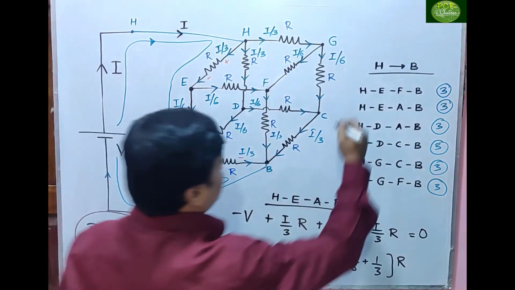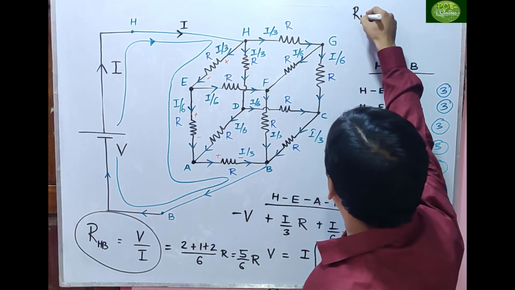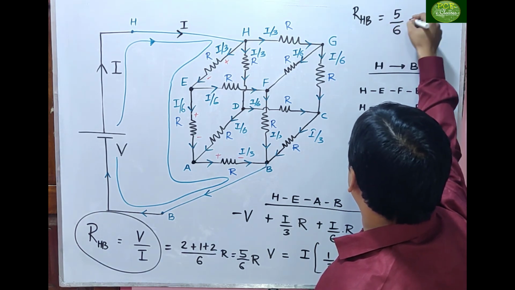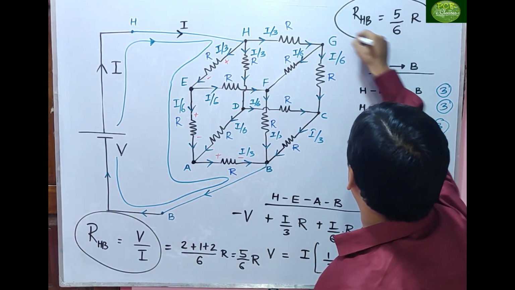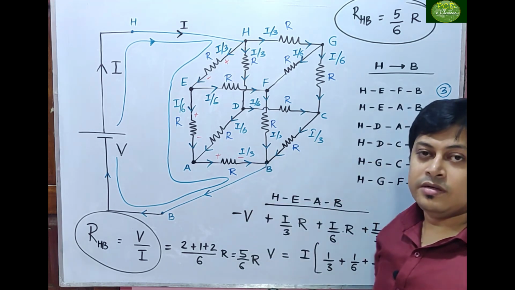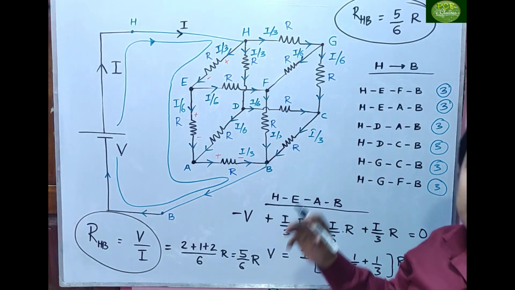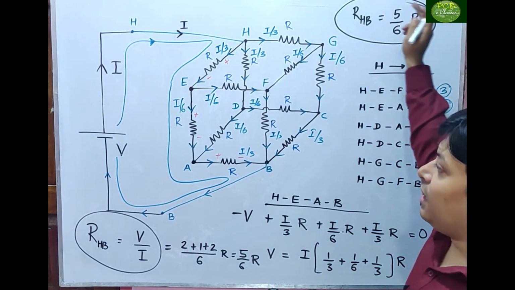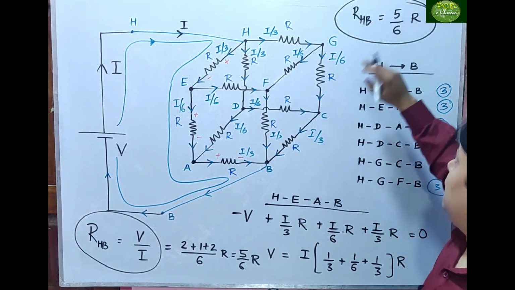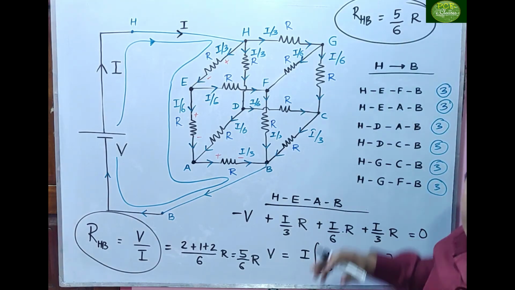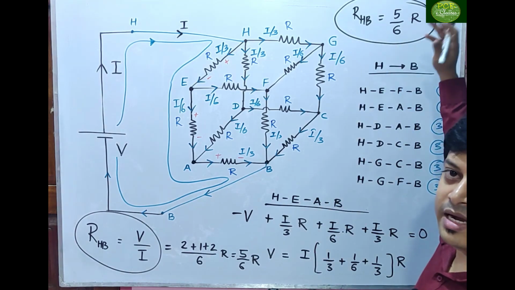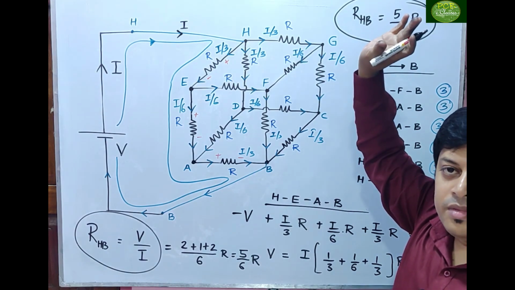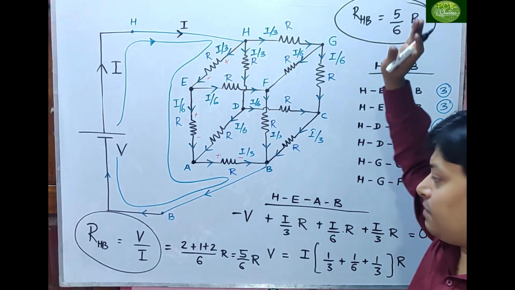So what is the equivalent resistance? R_HB, across the diagonal, we have got 5 by 6 into R. Clear? If the R value is 1, then it will be 5 by 6 ohm. If the R value is 6, then it will be 5 ohm. If the R value is 12, then it will be 10 ohm. Instead of R, you have to substitute the value. Right? You can make a note of it.